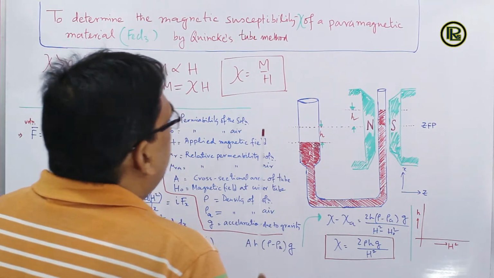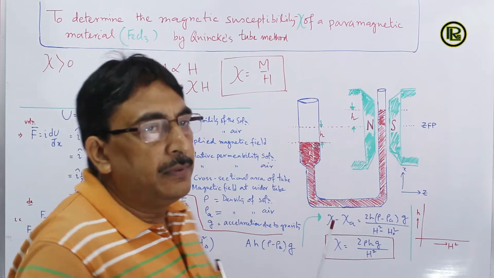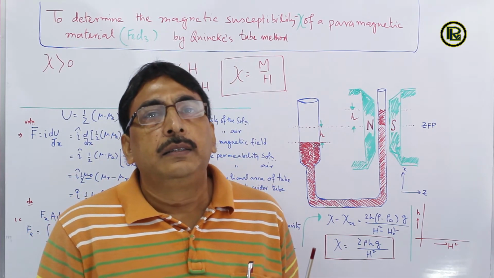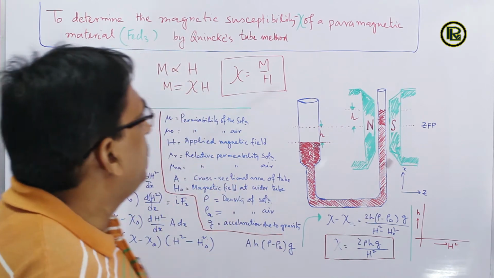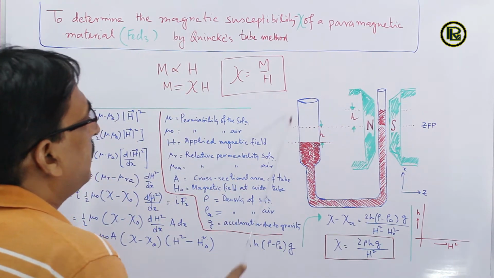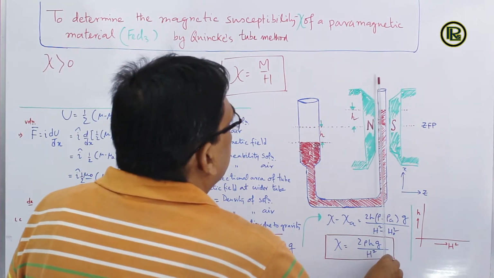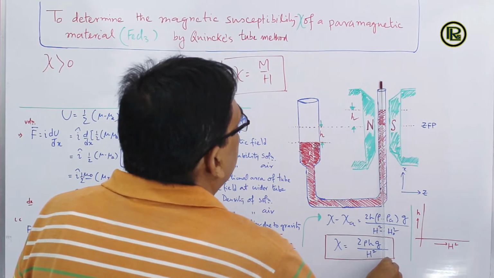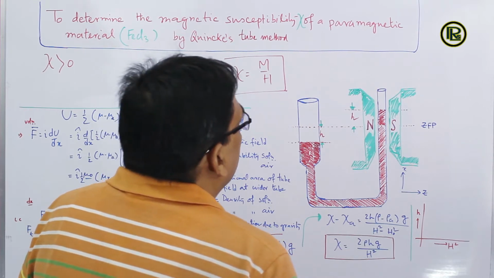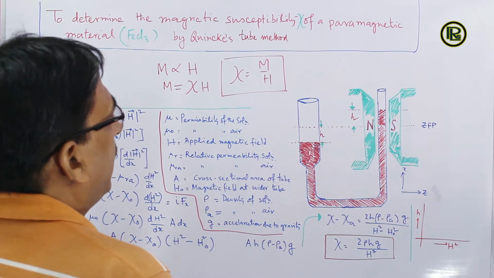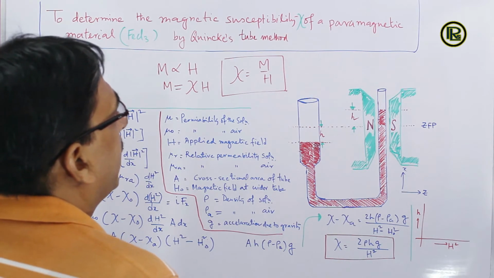We have to make the solution of ferric chloride first, and then pour the solution within this tube. The narrow tube should be placed between the two pole pieces like this, and we have to switch on the current to the electromagnet.